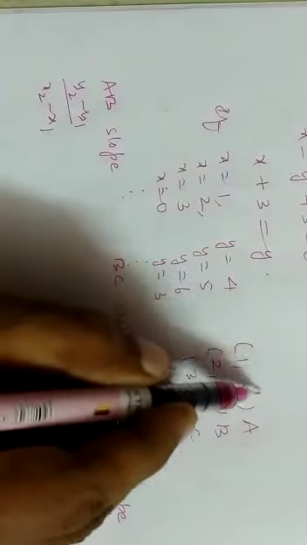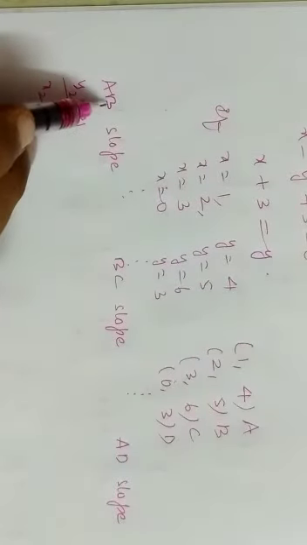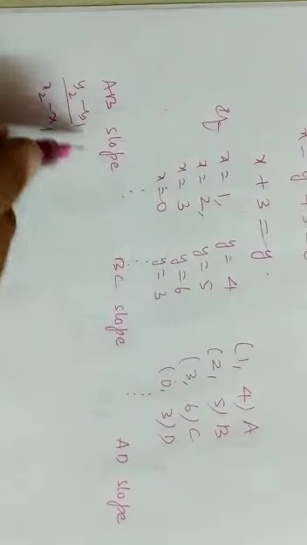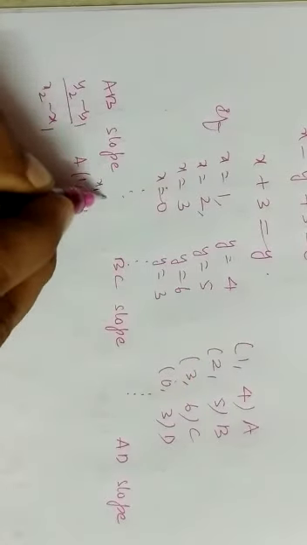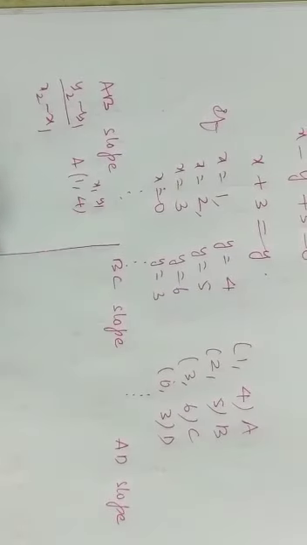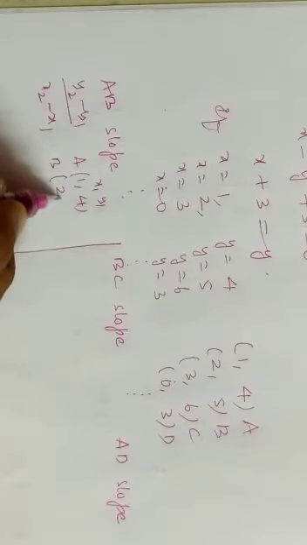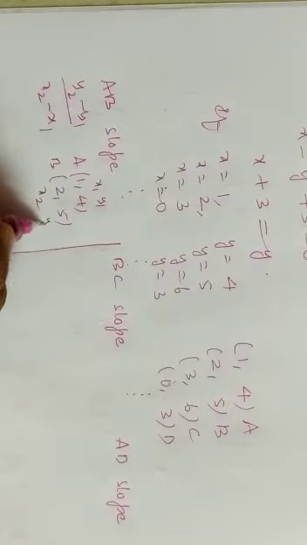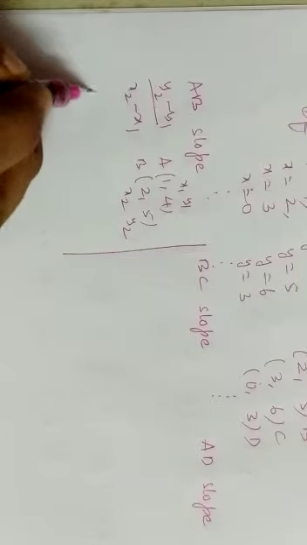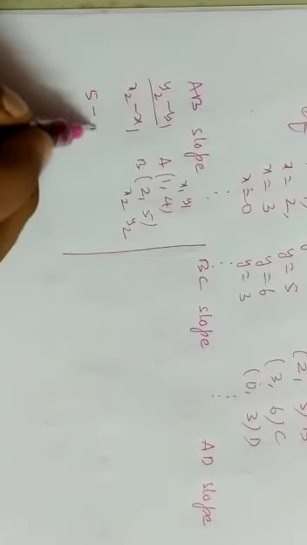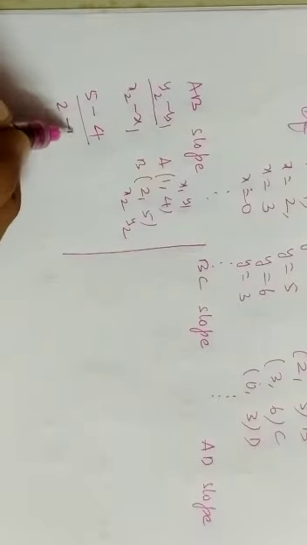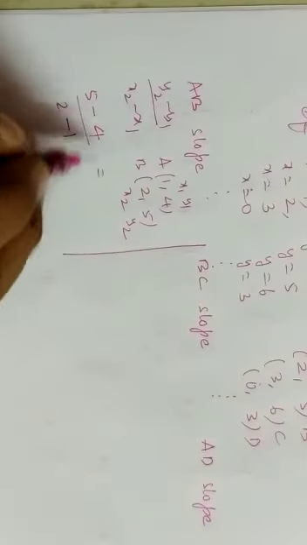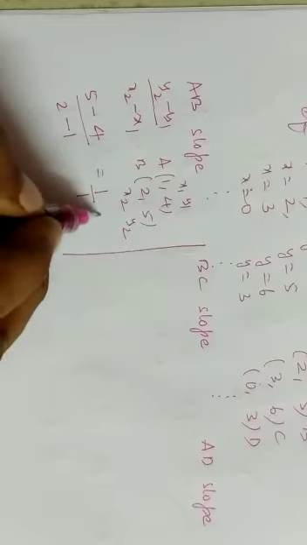A is (x1, y1), B is (x2, y2). So A (1, 4) is x1, y1, B (2, 5) is x2, y2. So y2 5 minus y1 4 by x2 2 minus 1. 5 minus 4 is 1, by 1, that is 1.